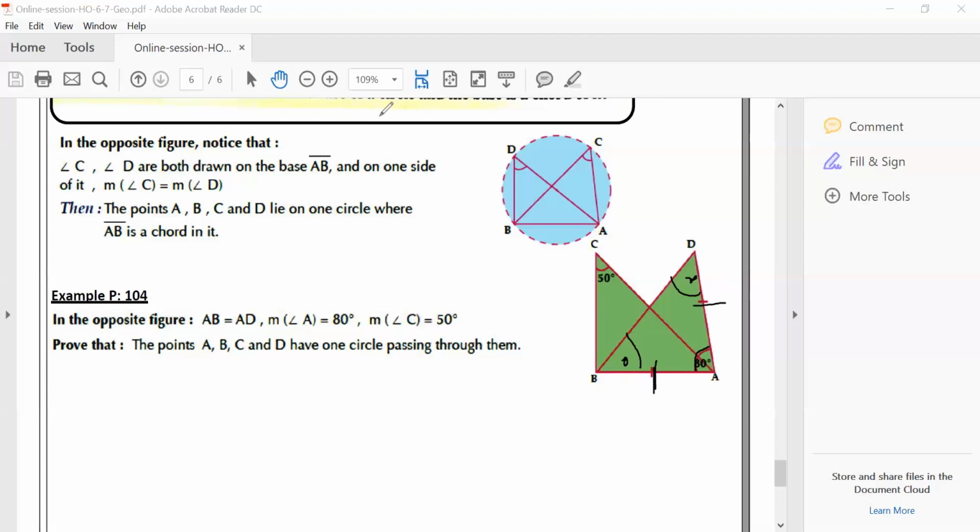Salma, can you? Isosceles triangle. The two base angles are equal. And I have the vertex angle. Can't you get the two base angles?